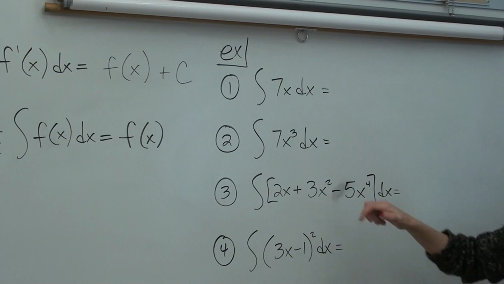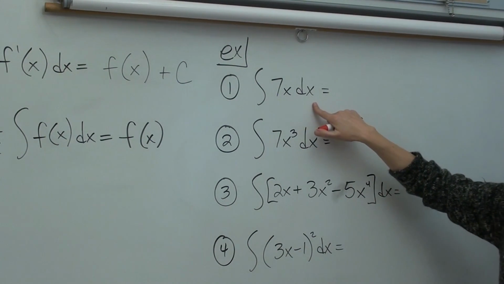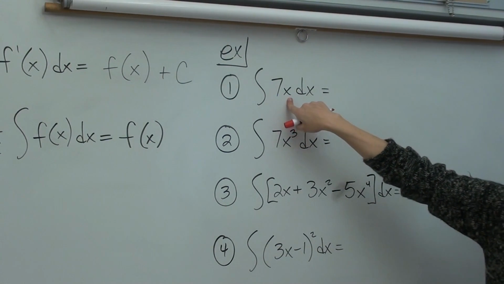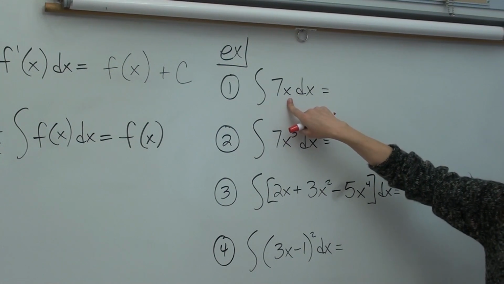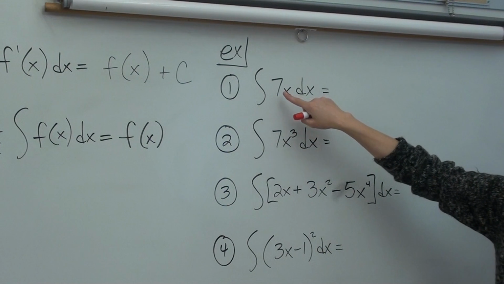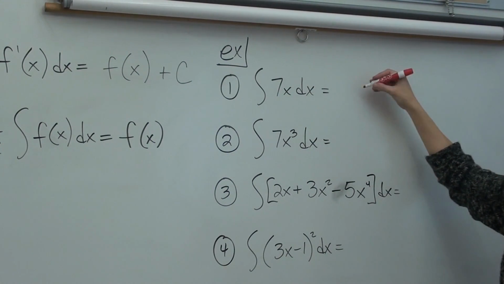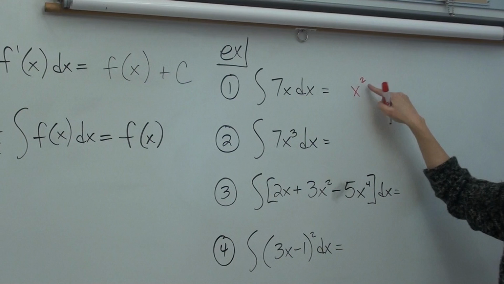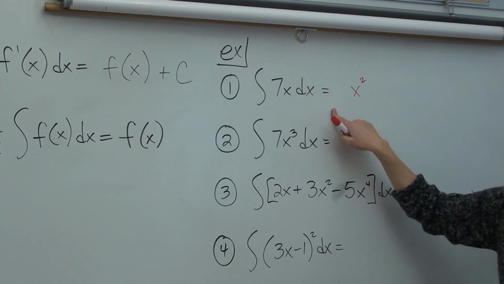So for the first one, we have the integral of 7x dx. Remember, first thing you want to do in your head is raise the power by 1, then divide by that power. So this is 7x to the first, so it's going to be an x squared, and then we divide by the 2.